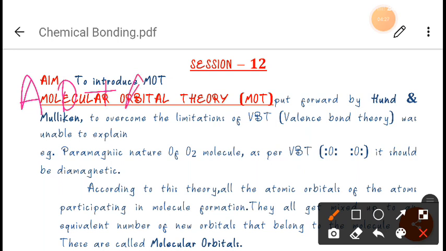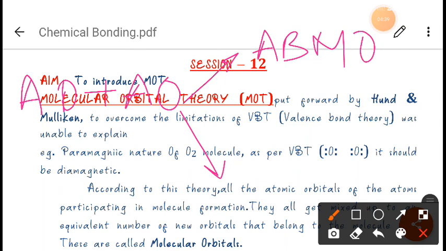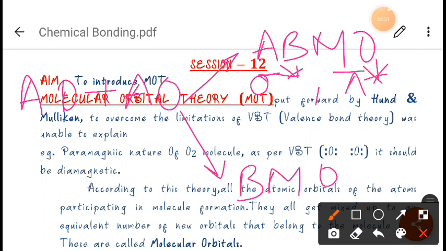Now always remember that when two atomic orbitals (AO means atomic orbital) combine, they will form two types of orbitals: one will be an anti-bonding molecular orbital and one will be a bonding molecular orbital. The anti-bonding molecular orbital is denoted by sigma star and pi star, whereas the bonding molecular orbital is represented by sigma and pi.